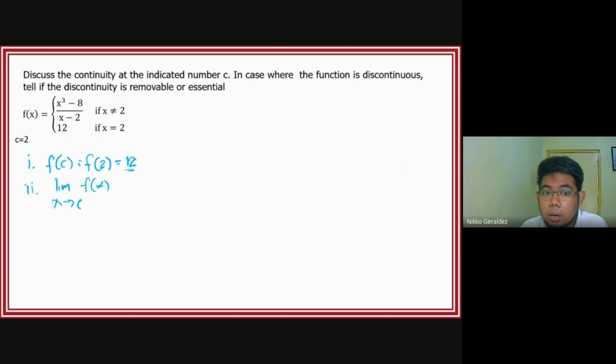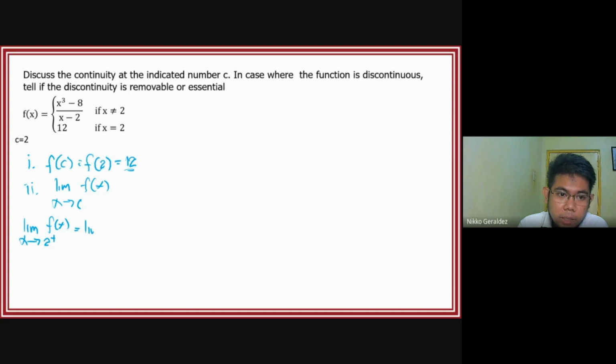So, solve natin right-hand limit and left-hand limit. Right-hand limit tayo: limit of f of x as x approaches 2 from the right. Gagamitin natin itong x cubed minus 8 over x minus 2.